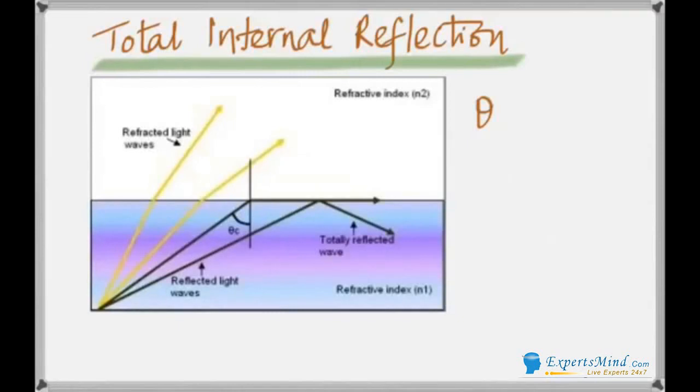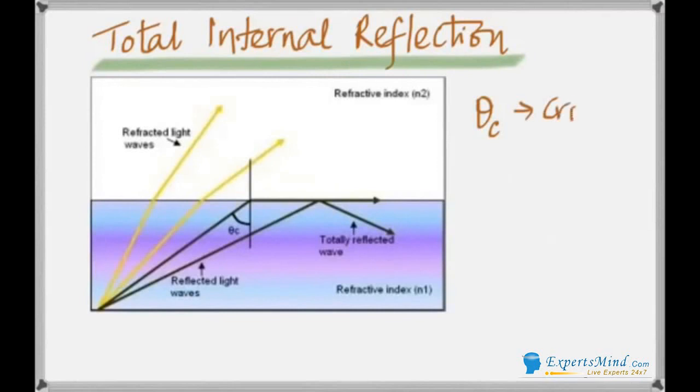There are two conditions for total internal reflection. What are they? Number one, the ray must be passing from a more dense to a less dense medium. Number two, the angle of incidence must be greater than the critical angle.